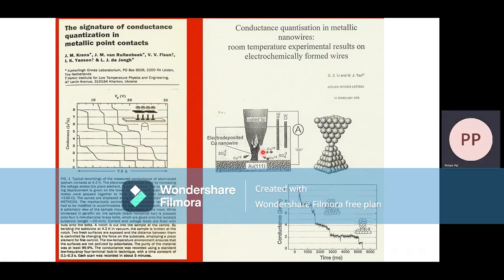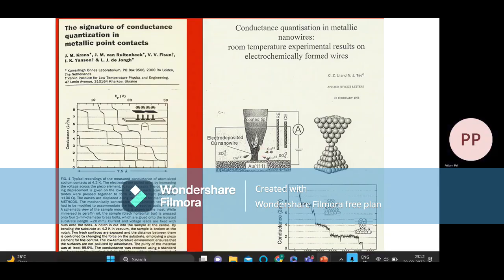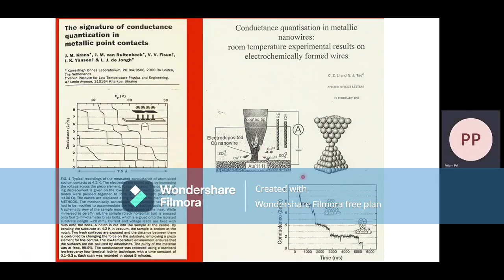Now the conductance quantization has not only been observed in two-dimensional electron gas in semiconductors, it has also been observed in metals, but in metals the energy and correspondingly the length scale for observing this quantization are very different.